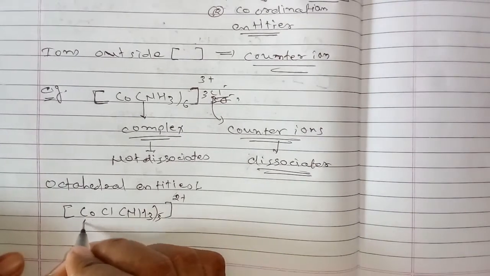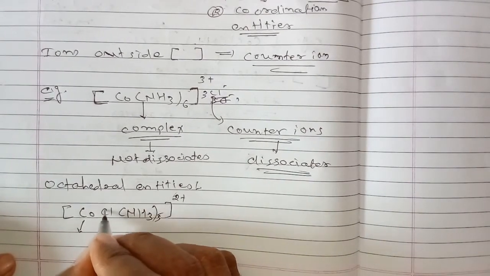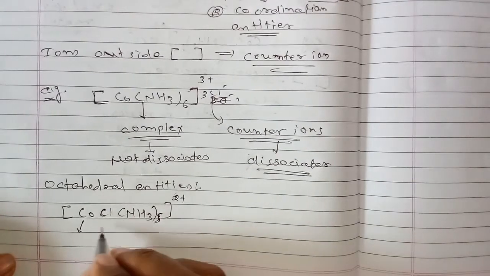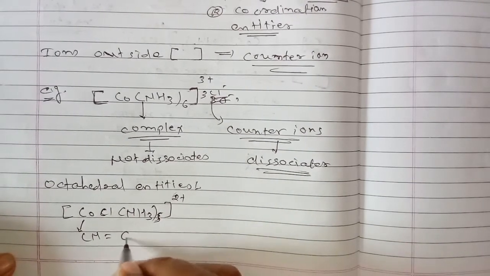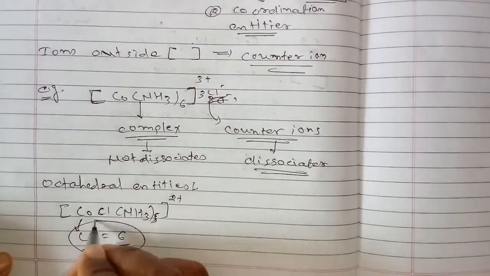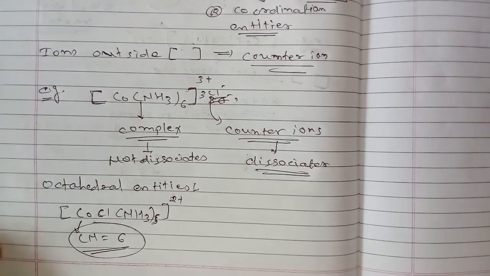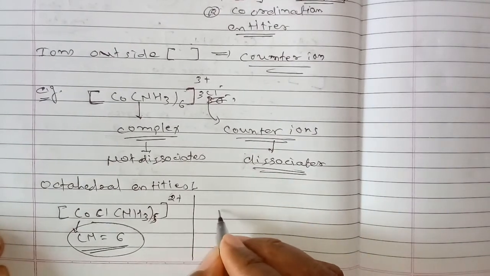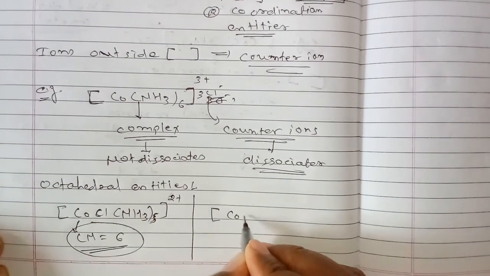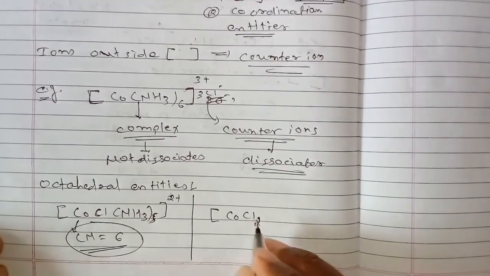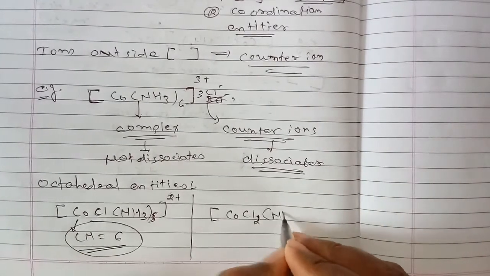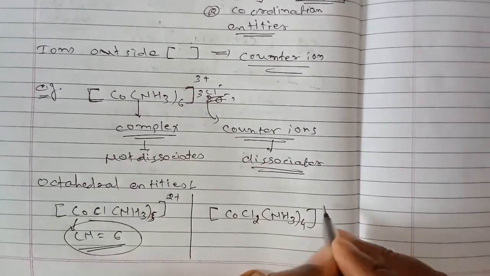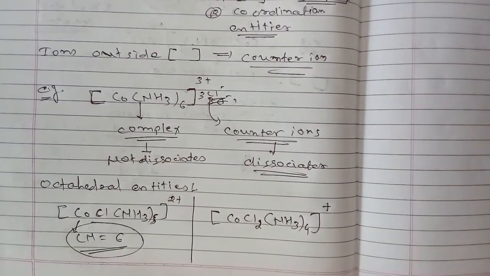Here the cobalt is bonded with 1 chlorine and 5 ammonia molecules, so its coordination number is 6. Here cobalt, Cl2, NH3 4 times, this charge is plus 1.